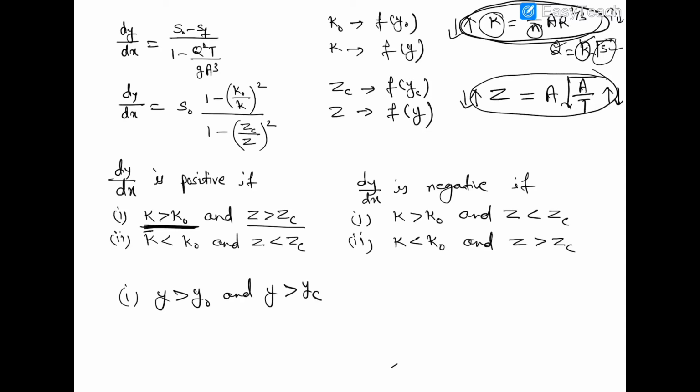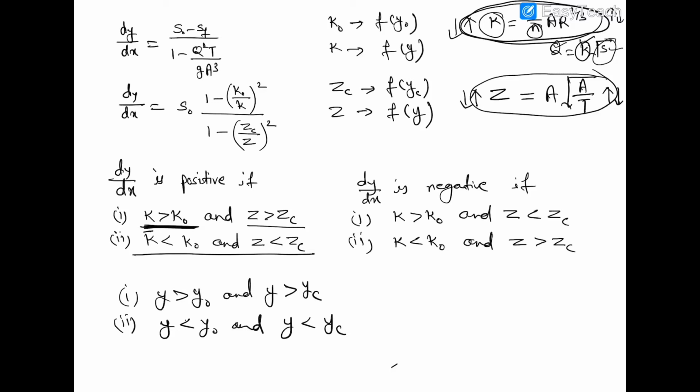In a similar way, for this condition also we can write in terms of depth of flow: K is less than K naught is possible when y is less than y naught, and Z is less than Zc when y is less than yc.